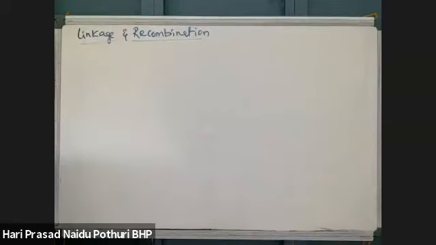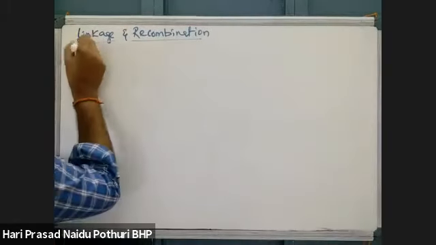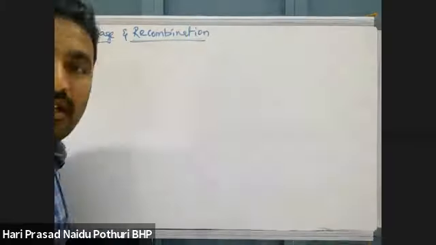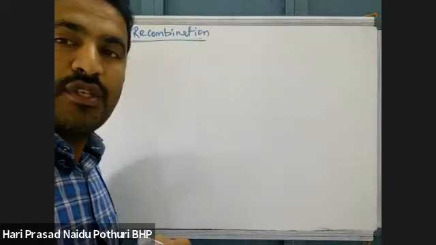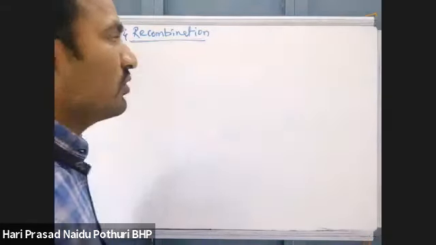Okay, this ongoing topic is linkage and recombination. What is linkage? Physical distance or physical association between two genes is called linkage.